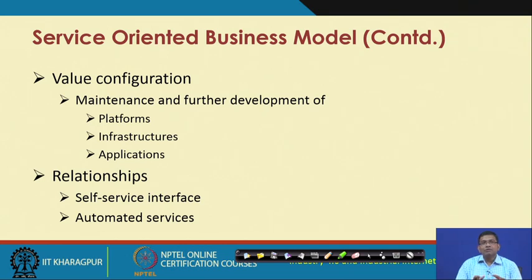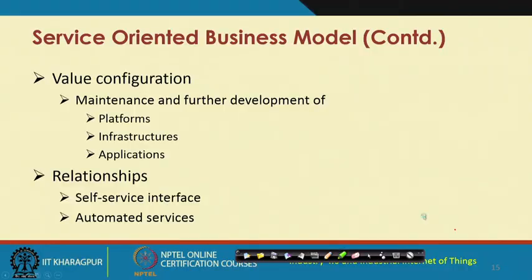So, we have the business who is offering it and we have the end users. Between the end users and the business, the self service interfaces and automated servicing interfaces are very crucial features in this kind of business model.